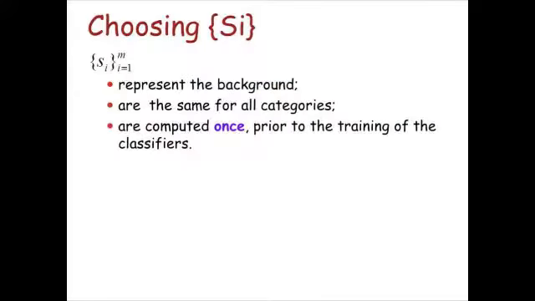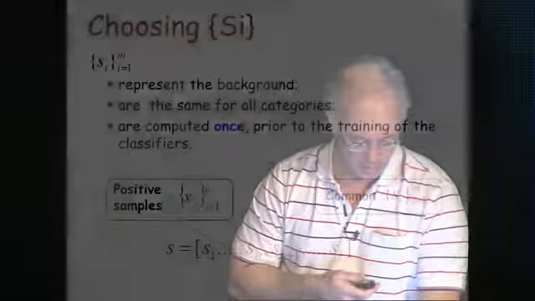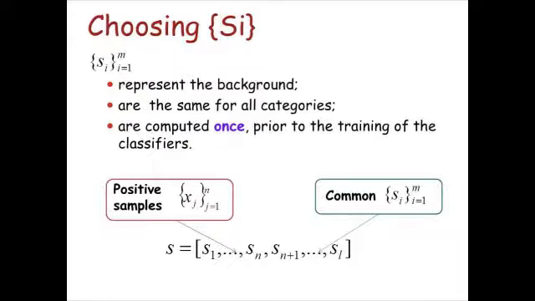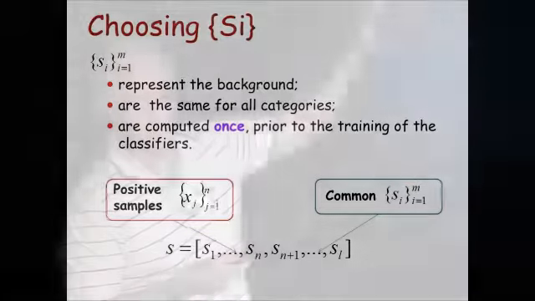Okay, so we choose a bunch of SI basis functions, using this trick by Smola and Scholkopf. And then we do something very simple. When we build a classifier, it turned out that this by itself works reasonably well, but still, if you want to classify, for example, the class of a bicycle, it turned out to be better to also throw in all the positive samples that you have.